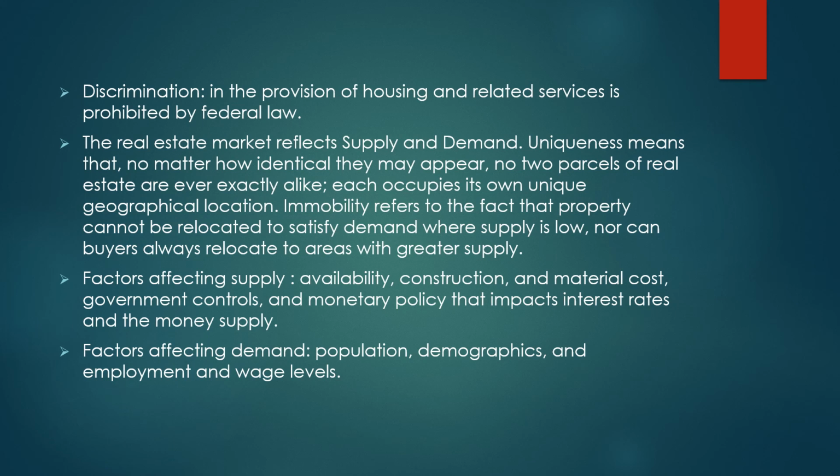Uniqueness means that no matter how identical they may appear, no two parcels of real estate are ever exactly alike. Each occupies its own unique geographical location. Immobility refers to the fact that property cannot be relocated to satisfy demand where supply is low, nor can buyers always relocate to areas with greater supply.